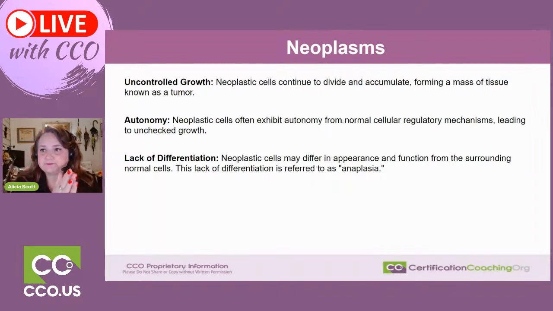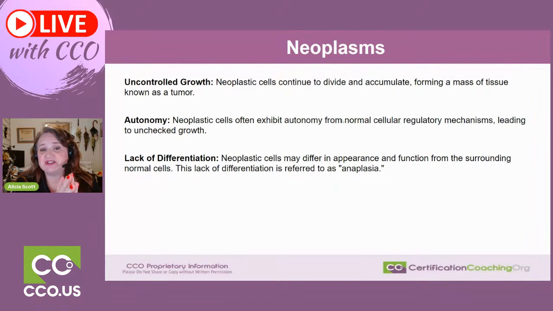We know all of that. Autonomy is when the cell itself has a cellular regulatory mechanism that goes to unchecked growth. And so it's a neoplastic cell.